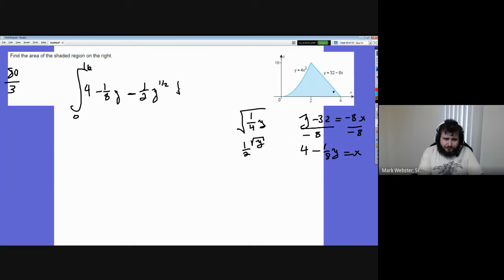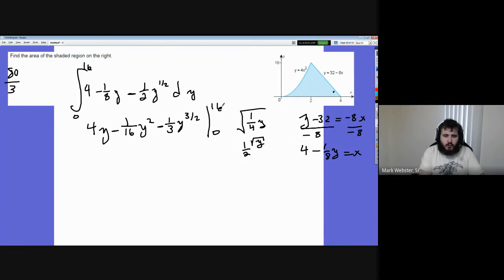And then integrate. 4y minus 1/16 y squared minus 1/2 times 2/3 is 1/3, 1/3 y to the 3 over 2, evaluated from 0 to 16.